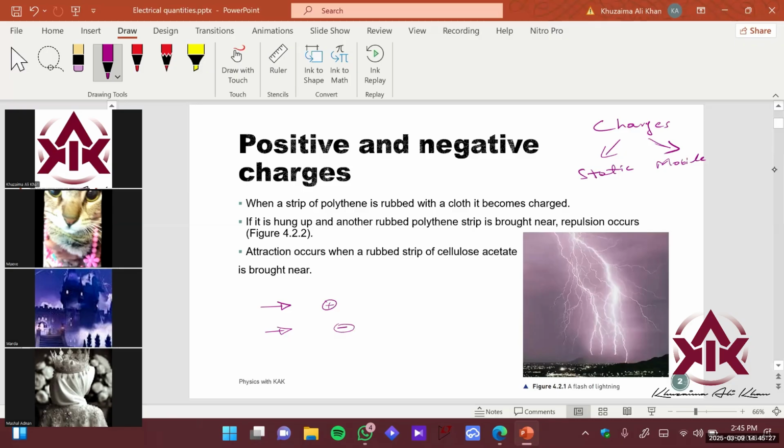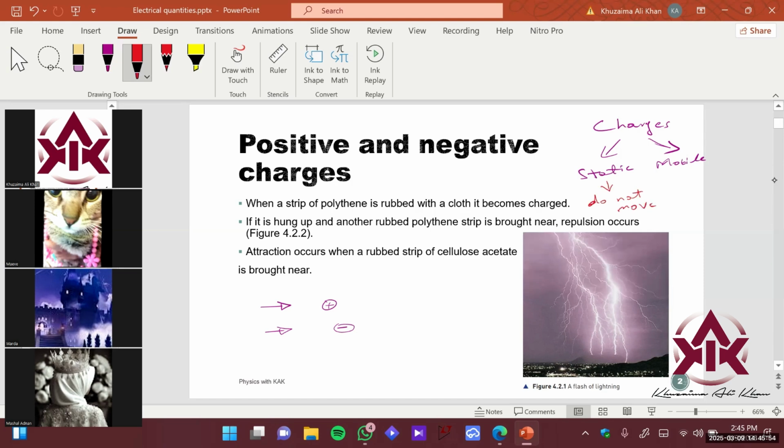What does the term static mean? Literally, as in the meaning. They're not moving. Good, static means that they are not moving. They are immobile, so the charges which do not move are basically called static charges.